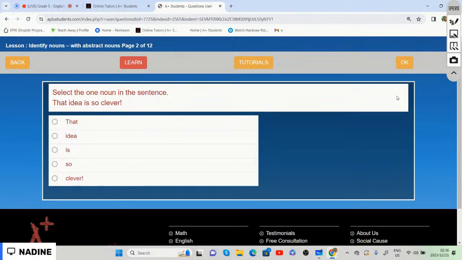Remember, abstract nouns are thoughts. They're things that we cannot see. It's not a physical object. We cannot hear it, smell it, touch it, or feel it, I mean touch it physically.